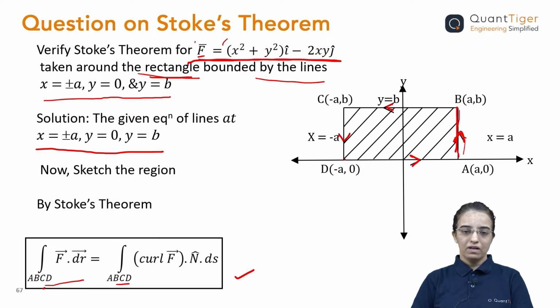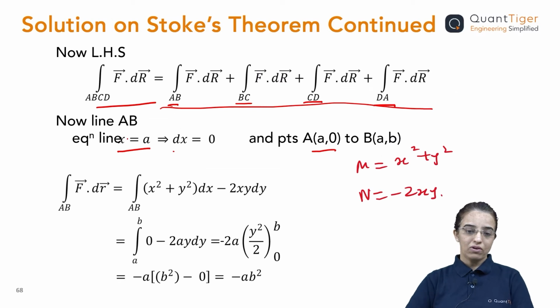This will be your m, which is coming along with i cap, and minus 2xy will be the n value, which is coming along with j cap. So why we need it, because we have to find the line integral. और आपको याद होगा ग्रीन्स थ्योरम हमने जो पढ़ा है उसमें हमने किया है m dx plus n dy, जो कि हमें देती है लाइन इंटीग्रल अलॉन्ग क्लोज्ड कर्व. तो ये यहाँ पे हमने यूज़ किया हुआ है.